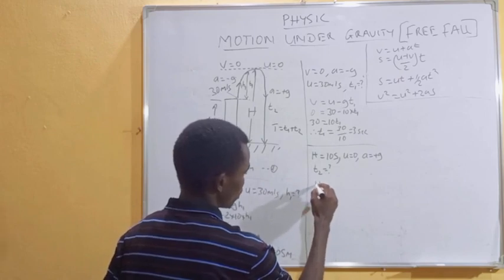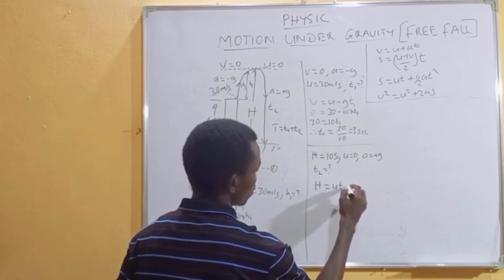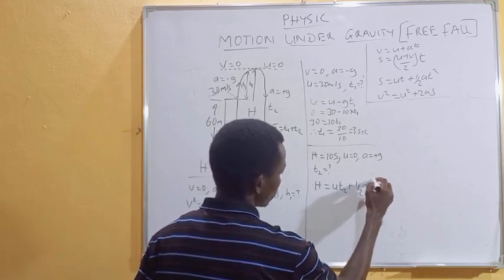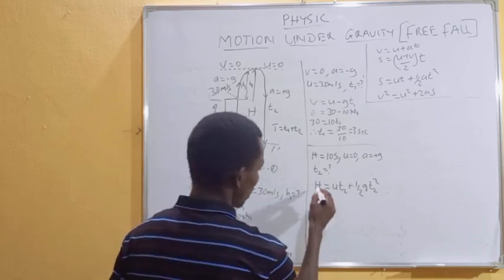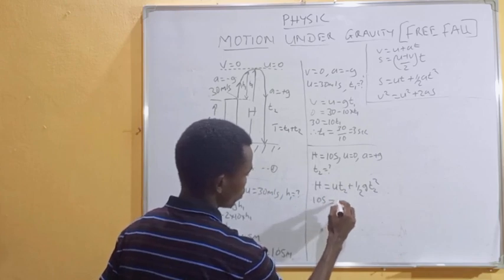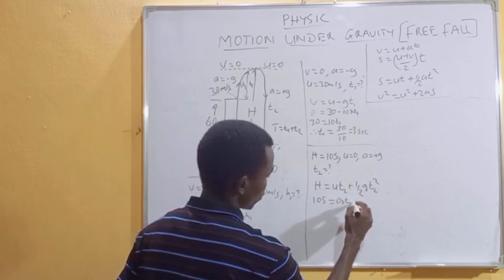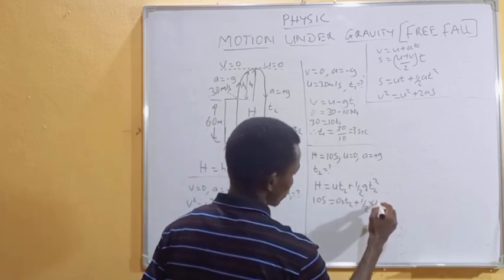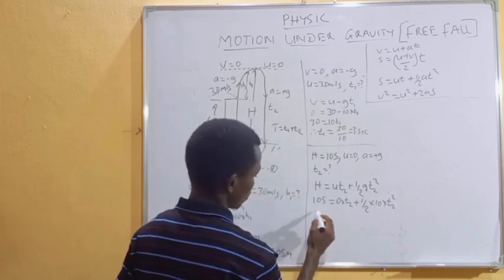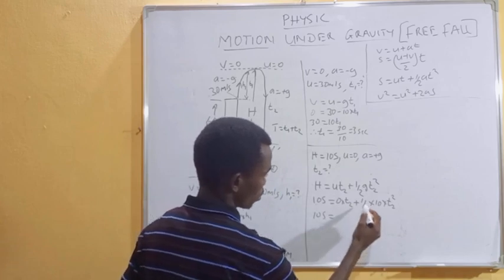Therefore, it becomes h is equal to u times T2 plus 1 over 2 g T2 squared. And h is equal to 105 is equal to u, the initial velocity, which is 0, times T2 plus 1 over 2 times 10 times T2 squared. Therefore, 105 is equal to, this time this is 0.